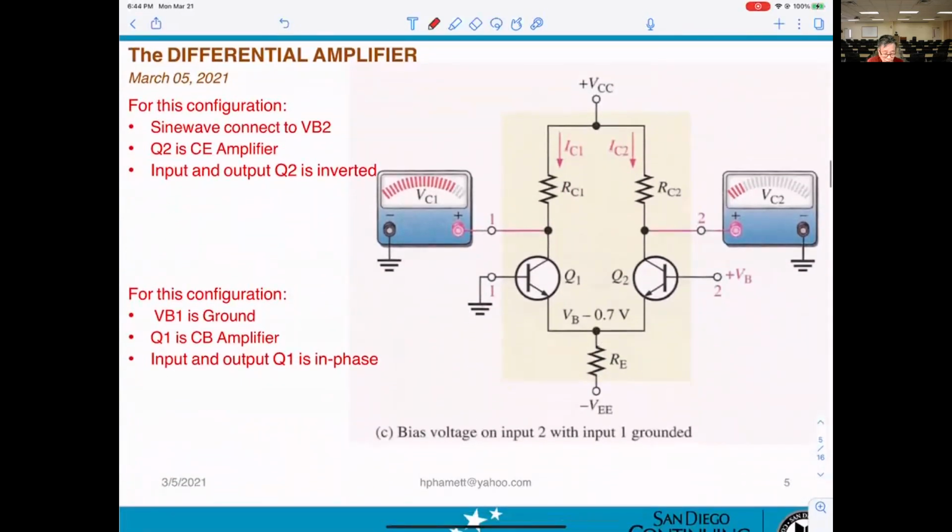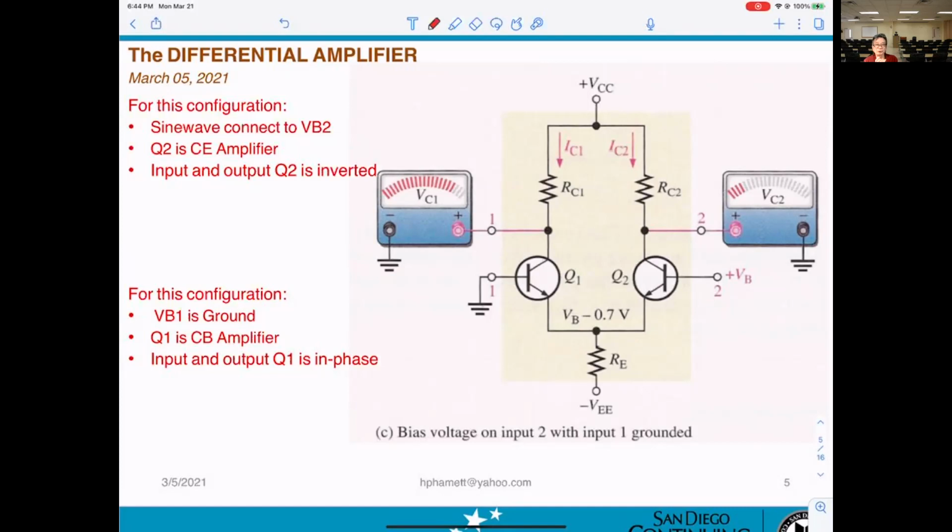Now on this one, they apply the input to Q2 and the input of Q1 will be grounded. Just the opposite of the one we just learned. For this configuration, the signal is connected to VB2. So that's why Q2 is a CE amplifier.